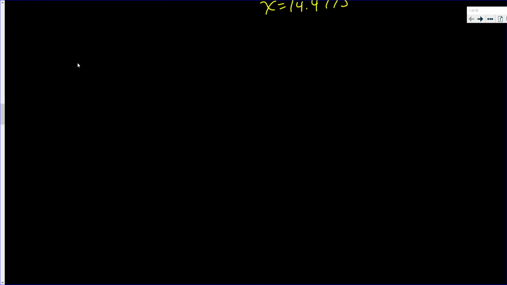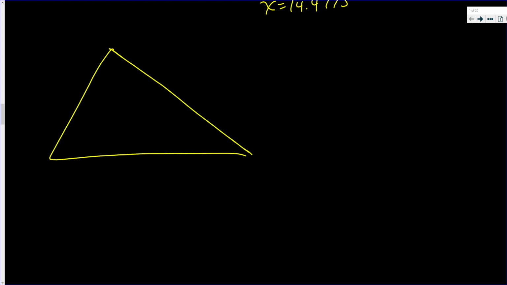Let us try the next one. Always try not to use information that you calculated to do the next problem, if there is a second problem. Now here, we have one pair, the angle and the side opposite it.